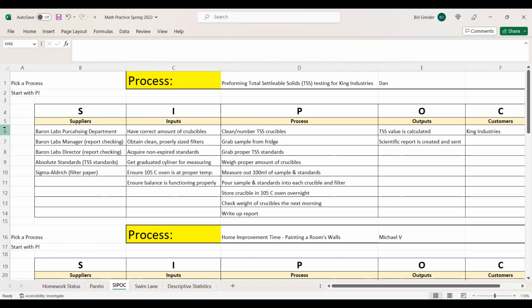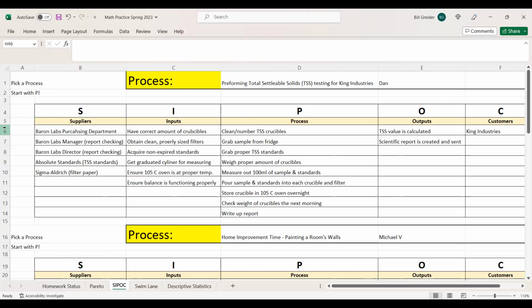And the way our report system works is someone will write up the report. That report then gets checked by the manager, and then a final check is done with Kevin, the director. So I added them as suppliers as well, since they are in the process and receive the reports.